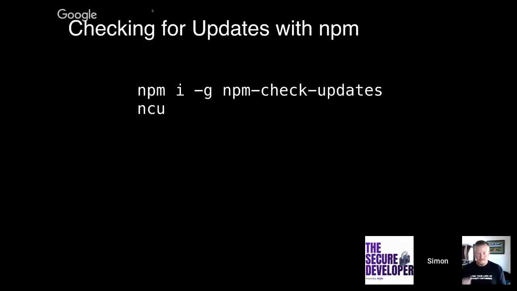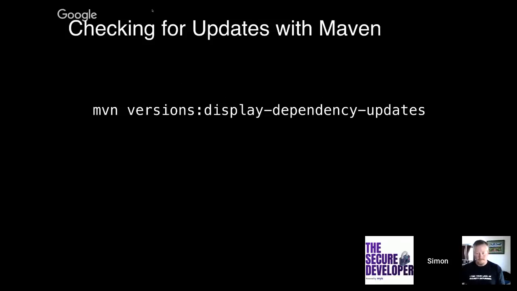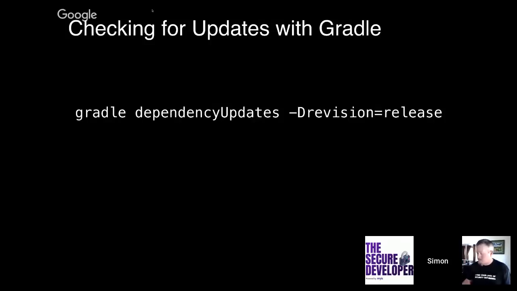So there are a few things here we can look at. If you're using npm, for example, you can use the npm-check-updates command, which will look at the node modules that you have and see what versions you're currently running and what is the latest version. Very, very similar with Maven, using the display dependency updates, and also with Gradle as well.